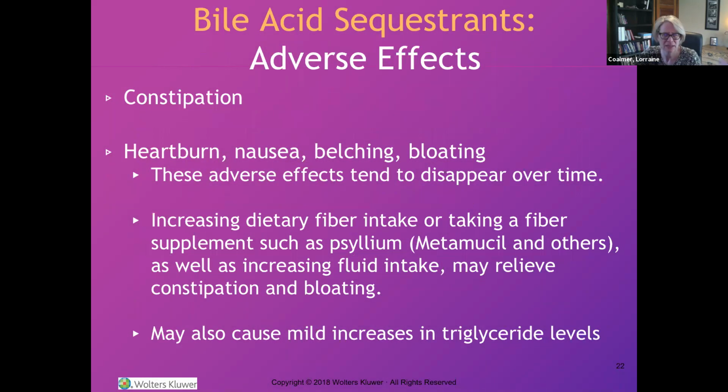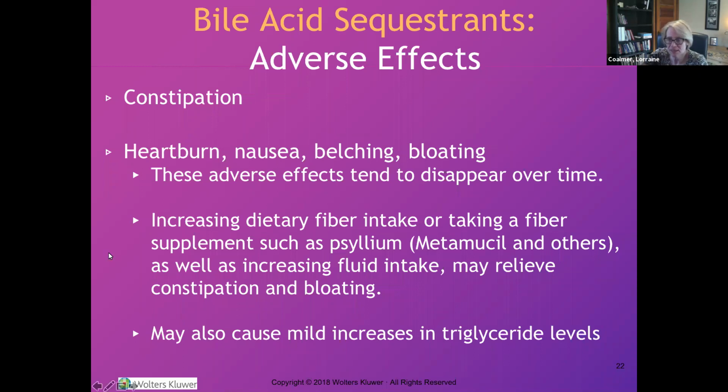That's really about it. So you can see everybody's constipation, nausea, all that fun stuff. There is an increase with burping or belching and bloating. Increasing dietary fiber or taking a supplement like Metamucil or Miralax, and increasing fluid, may relieve the constipation and bloating. So we may have to add another medication if they're on this particular med.